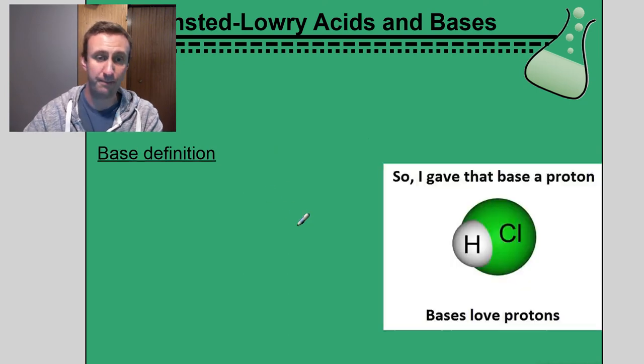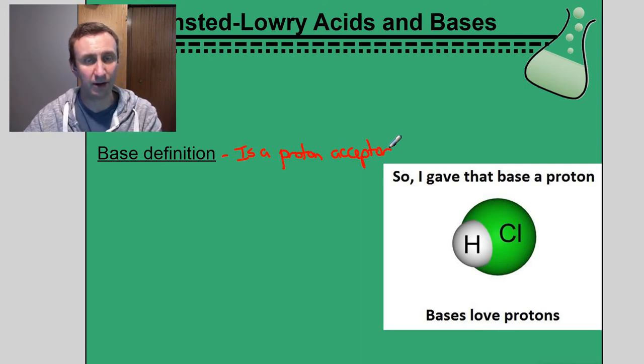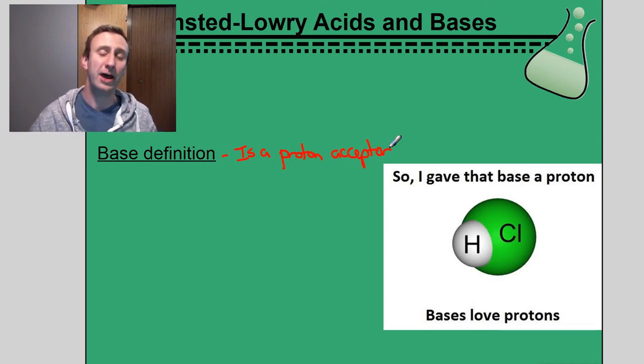Well, if we talk about a base, a base is a proton acceptor. So it is taking a proton on. It gains a proton, and that's what a base is. Now, you might be thinking right now that a lot of this terminology is familiar, right? It gains, it loses.